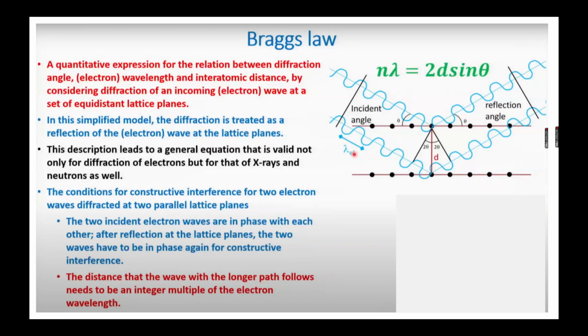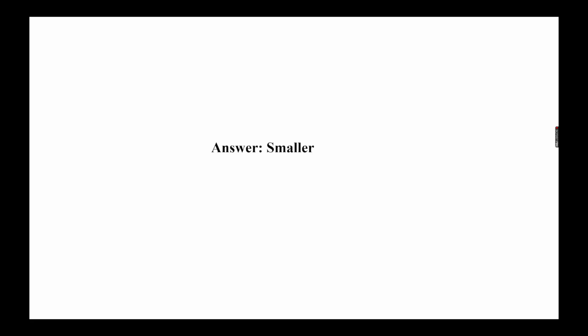There is one thing you will see in the upcoming lectures: the constructive or destructive interference, how this relation comes, and n lambda equals 2d sine theta, where lambda is the wavelength, d is the interatomic distance, and theta is the angle. Here the angle is higher as compared to electron diffraction. So the scattering angle in electron diffraction will be smaller as compared to XRD, the X-ray diffraction.